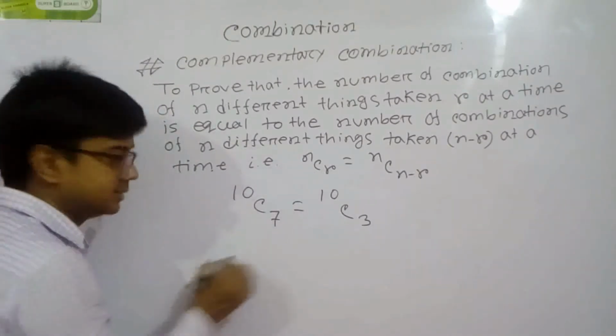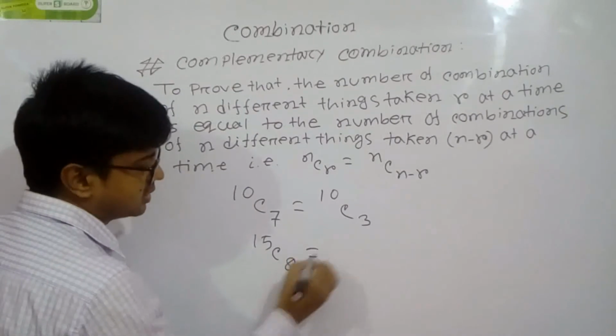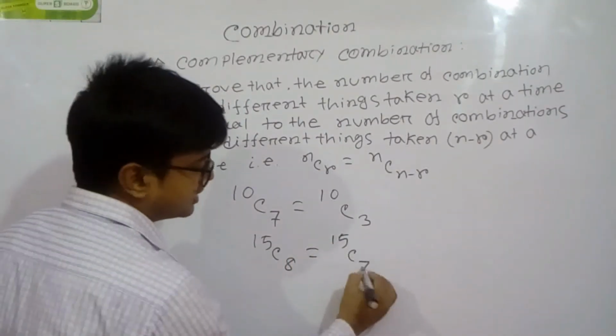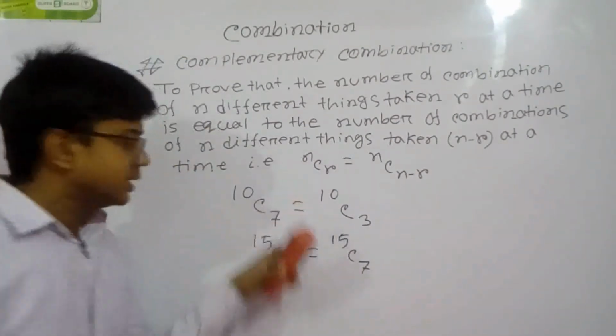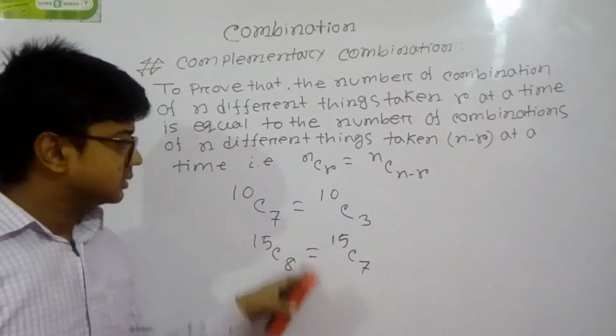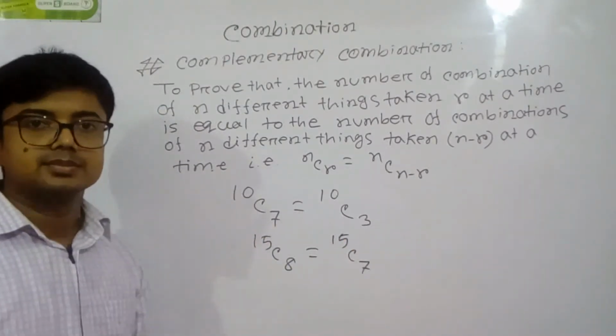Another example is 15C8 equals 15C7. Combination of such type is called complementary combination.